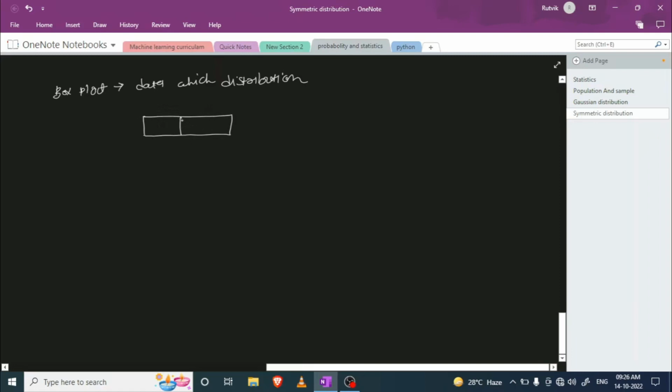So here we have it like this. This is the median part, right? This is the upper side and this is the lower side. And this is the main part. This line represents the median, this is the upper whisker and this is the lower whisker.